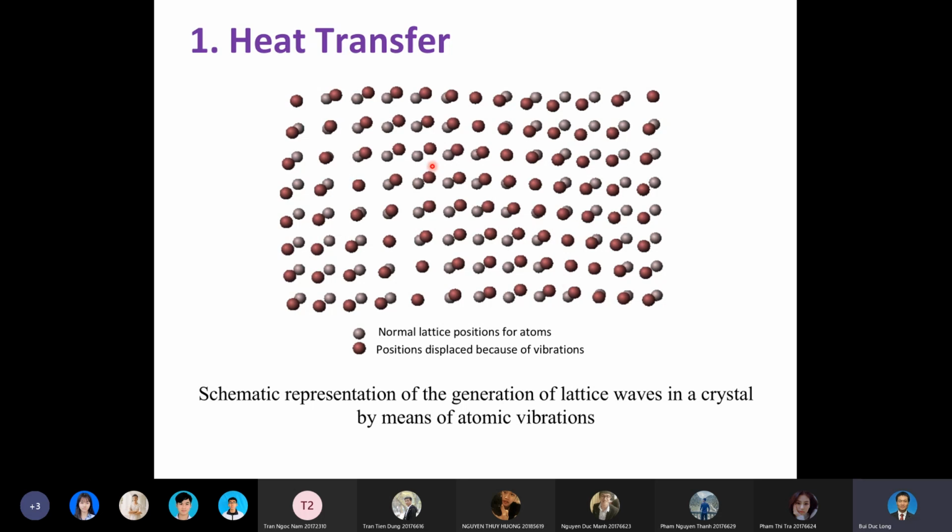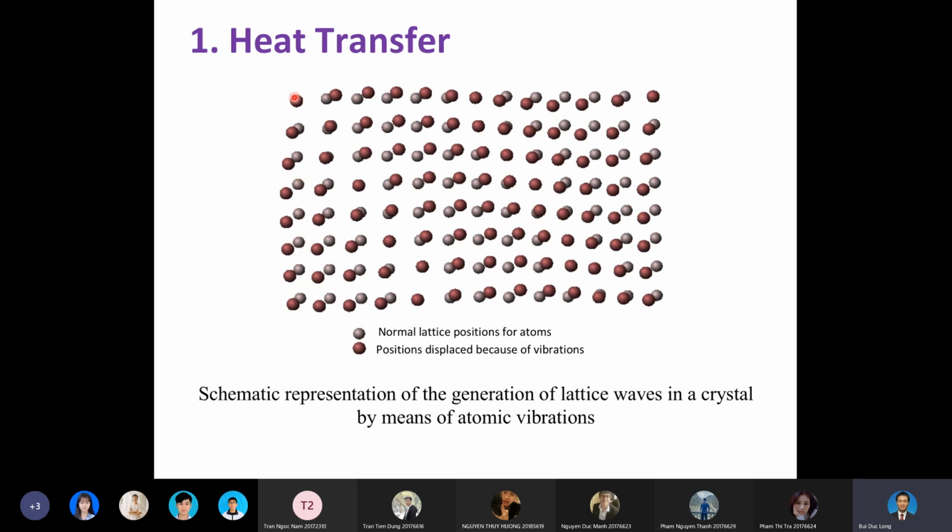Of course, in a normal condition an atom also vibrates, but when it receives energy it becomes more excited. So this gives you an image of how the atoms transfer energy. This is normal lattice vibration for atoms.